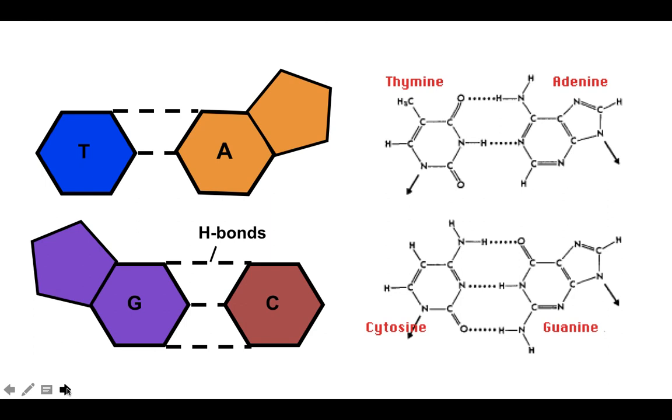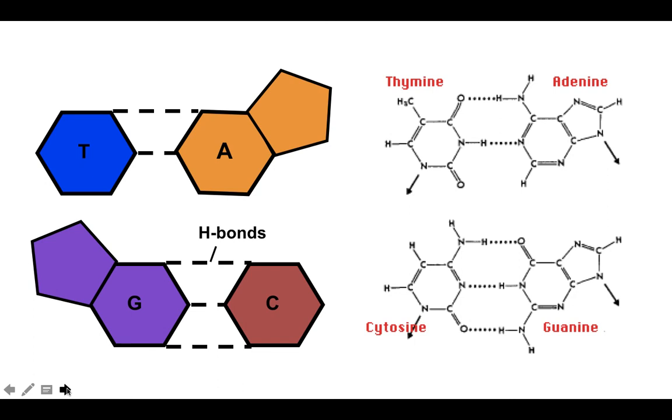We can appreciate here the hydrogen bonds. Also take note that the pair adenine and thymine will only have two hydrogen bonds, while the pair guanine and cytosine will have three hydrogen bonds.